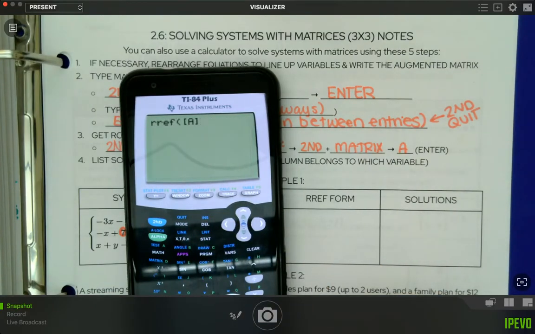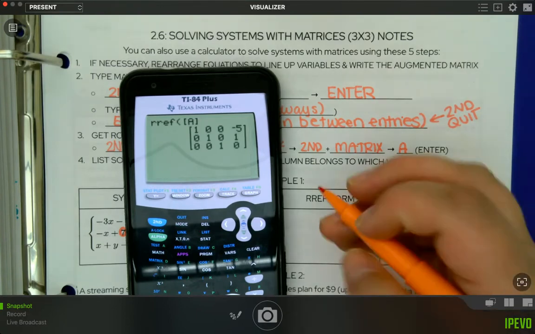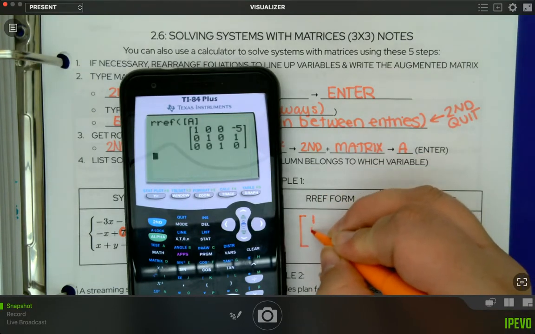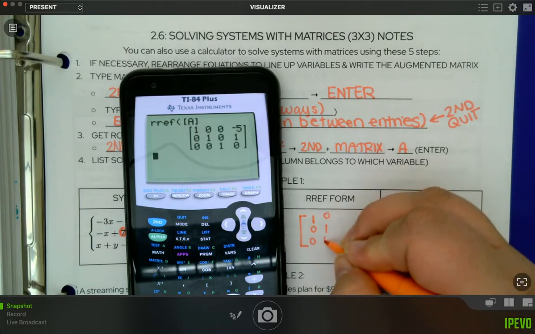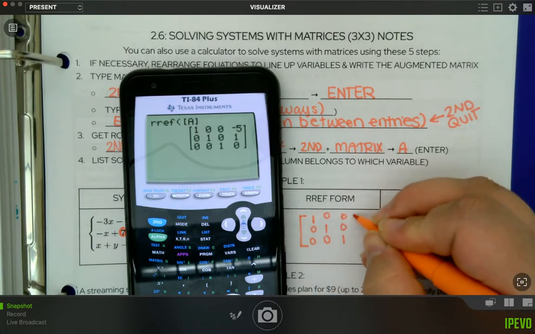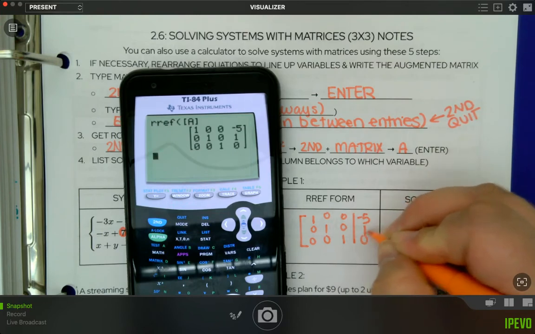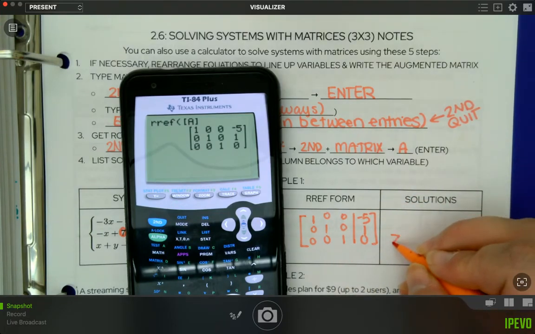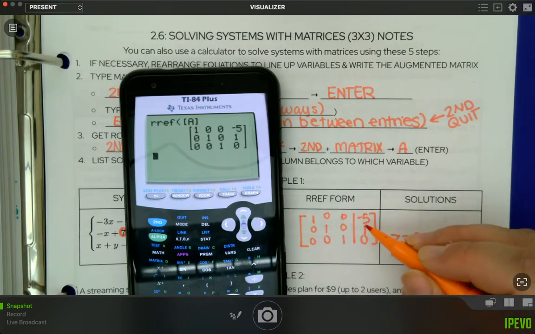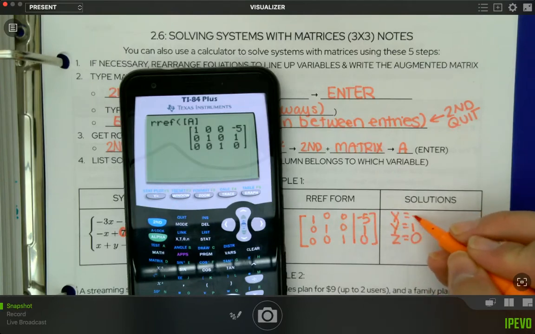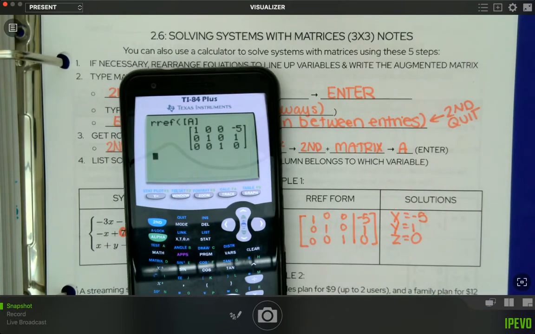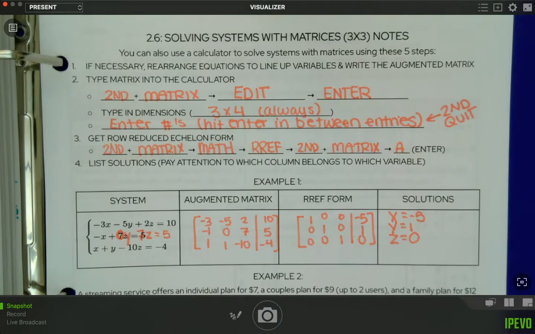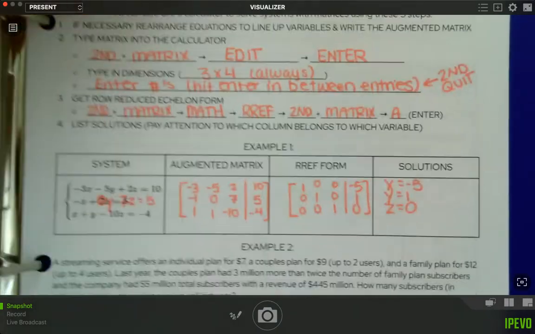And then you need to hit enter one last time, and it makes your row reduced echelon form. 1 0 0, 0 1 0, 0 0 1. So what this means is 1z equals 0, 1y equals 1, and 1x equals -5. So it just found all three solutions for you. And once you've entered more matrices, it'll get easier.